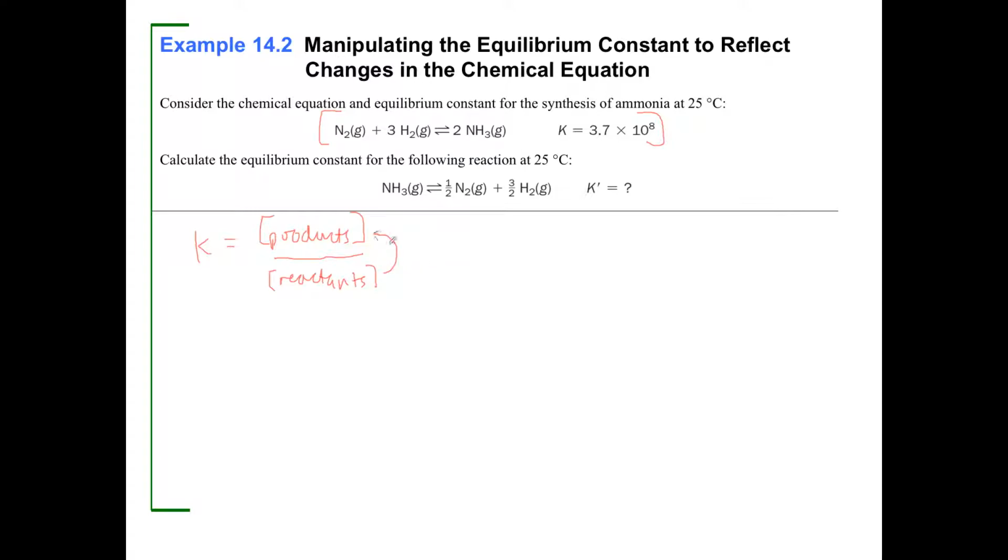We're going to switch these guys, boom and boom. If we're going from over here, it's a product, and here it's a reactant. So from here to here, the first thing I'm going to do is I'm going to take this reaction, and I'm going to turn it around and make it negative, okay?